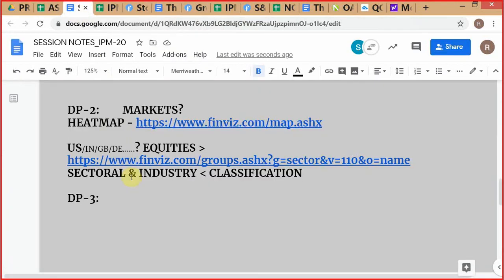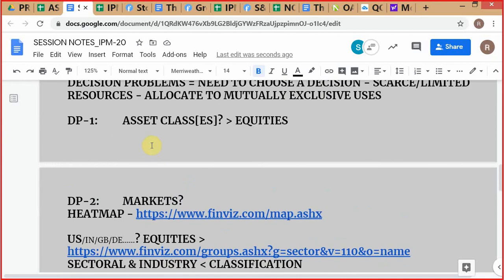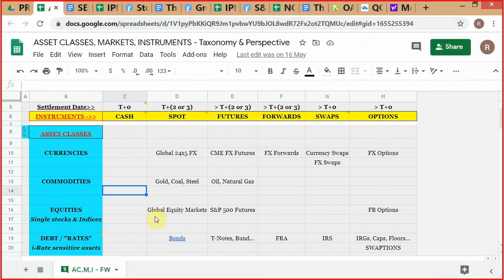The first problem is which asset class, the second problem is which markets. And if you look at this framework here, what do you think the third decision problem is? Can you guess, Gagan?